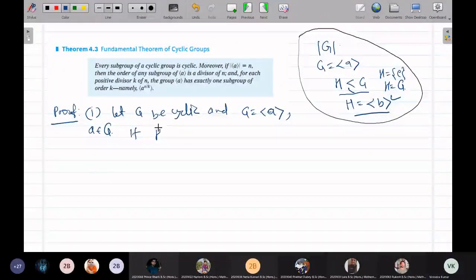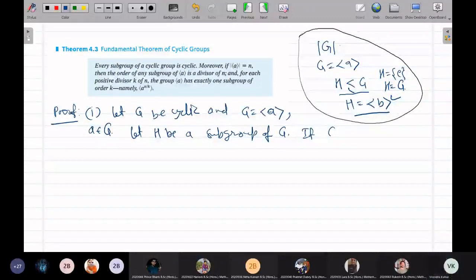Okay. Or let us write like this. Let H be a subgroup, any arbitrary subgroup of G. Fine.